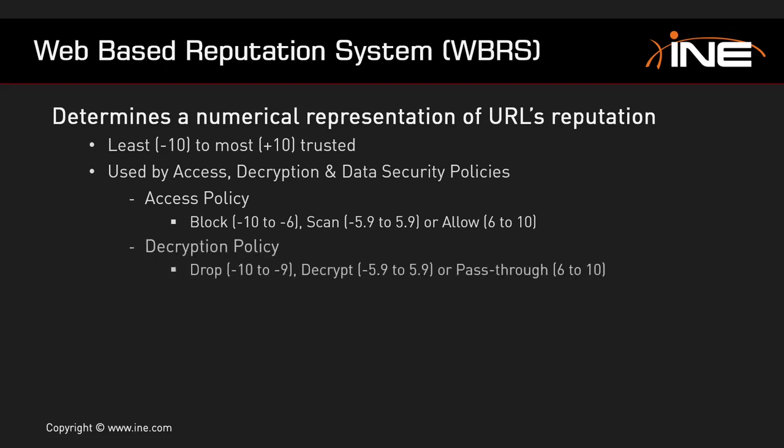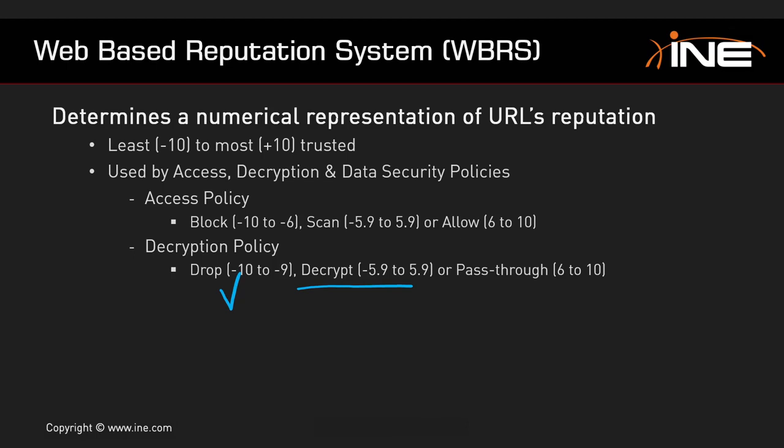Now in case of the decryption policy, the concept is going to be similar, but the goal here is going to be to figure out if the session is to be decrypted or not. Because if it is not, I'm going to immediately drop the packets. If the reputation of the URL of the website is really bad, I will drop encrypted communication.